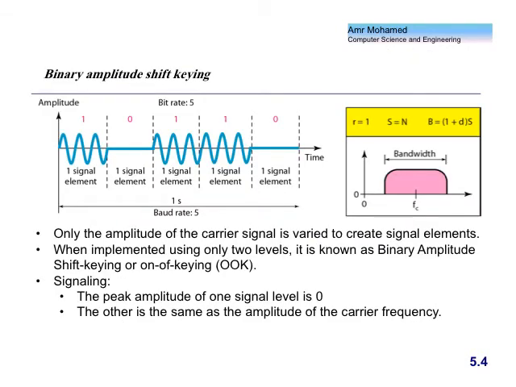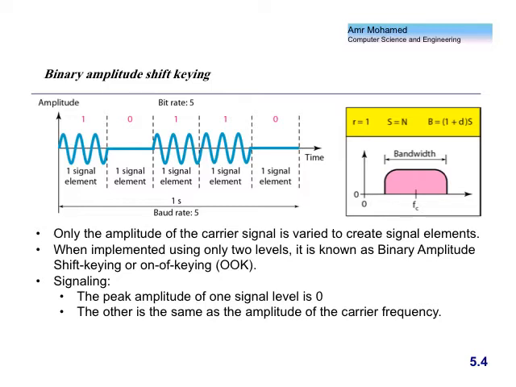So the simplest form of this is what we call binary amplitude shift keying. By binary, we mean that, again, we consider 1 bit. Can we consider more than 1 bit? Still, yes, of course. So we will interpret the 1 as a sine wave with an amplitude of V, whatever that V is.